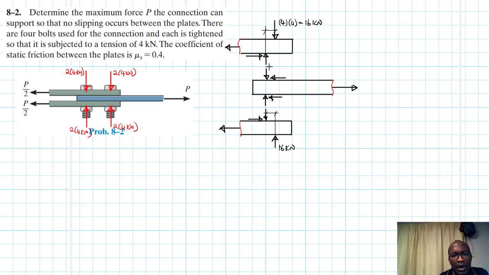All right, and all these reactions here, let's just call them N, and then this one has friction force F, this one F, this one N, this one F, and this one F, and this is given as our P, this is our P over half, and also this one is P over half.